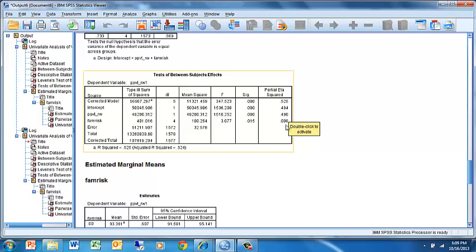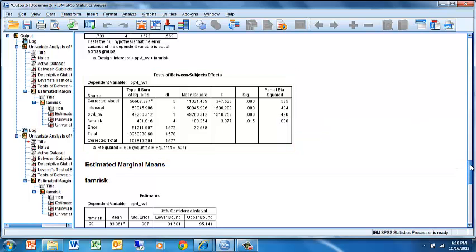We see that family risk in itself is only accounting for about 0.8% of the variance in Rasch-Wright PPVT scores in first grade. We see that the pretest, the covariate, is accounting for significantly more of that total variability in PPVT scores in first grade.